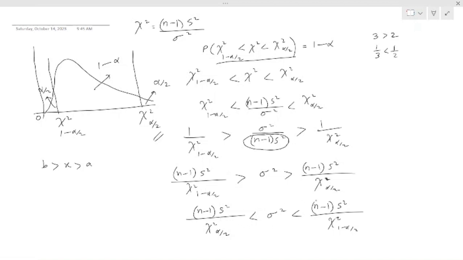And the numerators of both the inequality sides are the same, constant. So what makes the difference in the answer? The divisor part, or the denominator part. So chi square alpha by 2 value being larger or greater relatively, and this value, since it is located under the curve closer to 0, will be a smaller value relatively.